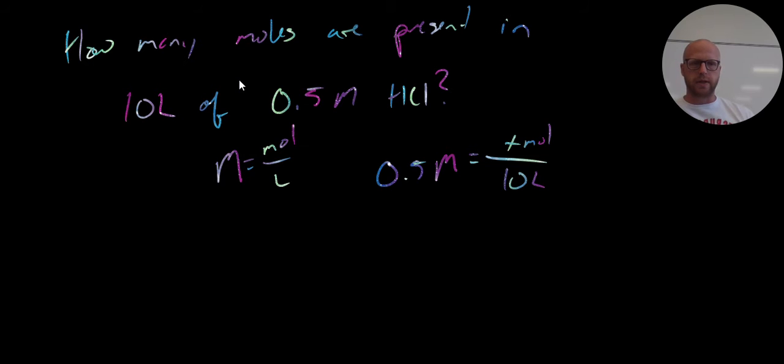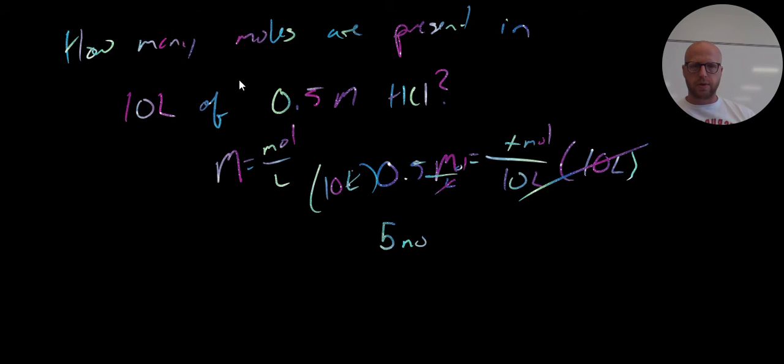Okay, well, can I solve for this? Yeah, I'm going to multiply both sides by 10 liters. The liters cancel out because remember molarity is really moles per liter. Okay, so you could say that's moles over liters, and liters cancel. What am I left with? I'm left with 5 moles.